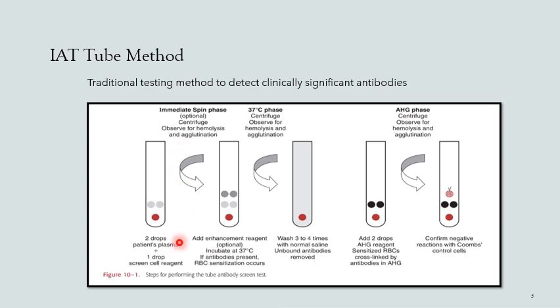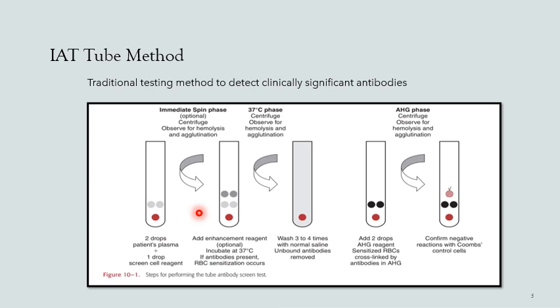Add enhancement reagent to the test tube. Enhancement reagent may be added prior to incubation to increase the degree of sensitization. So, after adding the enhancement reagent, you will incubate the test tube at 37 degrees Celsius. So, this phase is the 37 degrees Celsius phase or the thermo phase.